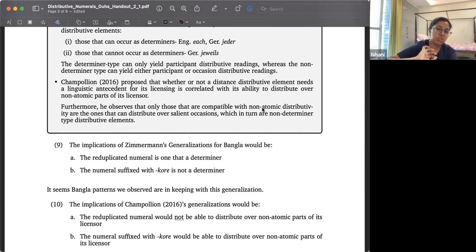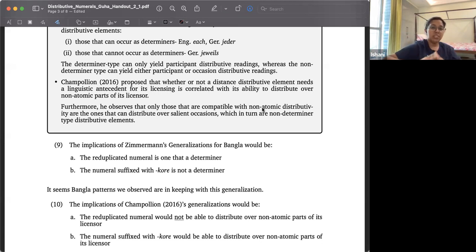This is more of a theoretical point that he builds later on. Importantly for my purposes here, he observes that only those that are compatible with non-atomic distributivity are the ones that distribute over salient occasion, that is Telugu kind of cases. Moreover, these are non-determiner type distributive elements.